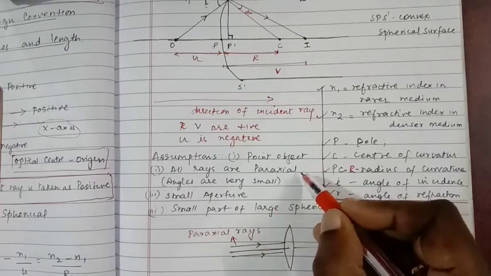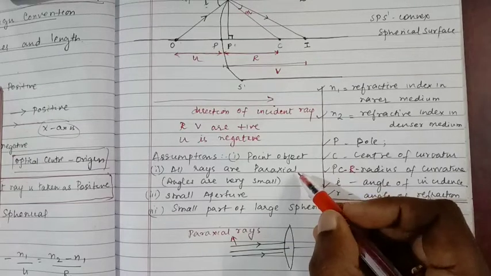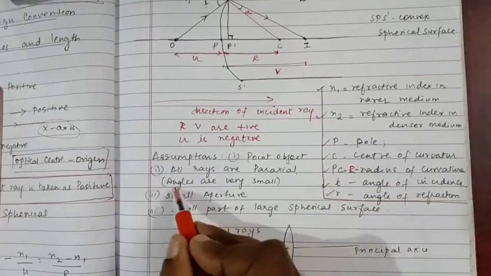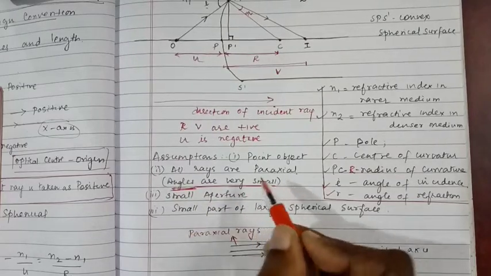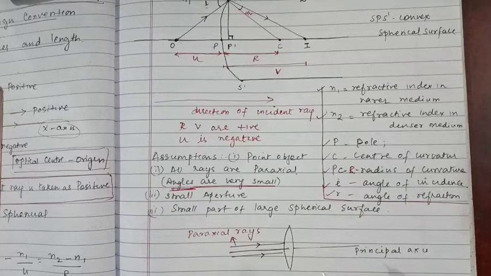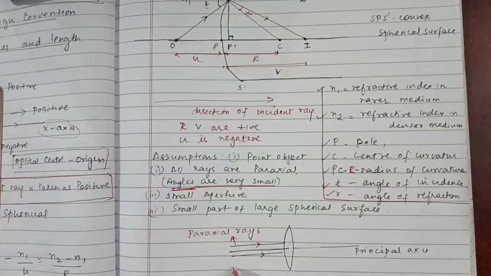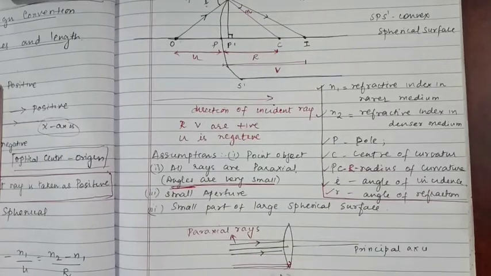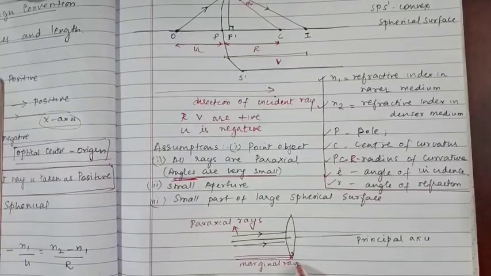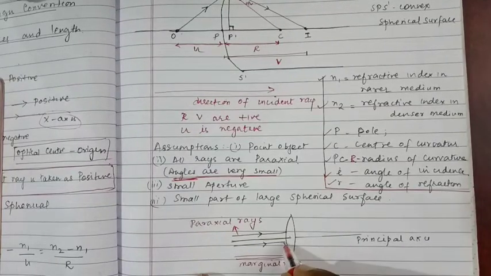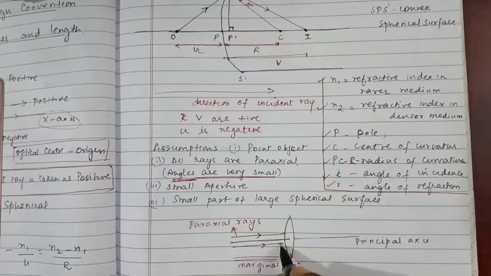Why are we taking paraxial rays? Because paraxial rays form very small angles. Rays far at the edge of the lens are called marginal rays. We are not considering marginal rays, only paraxial rays.